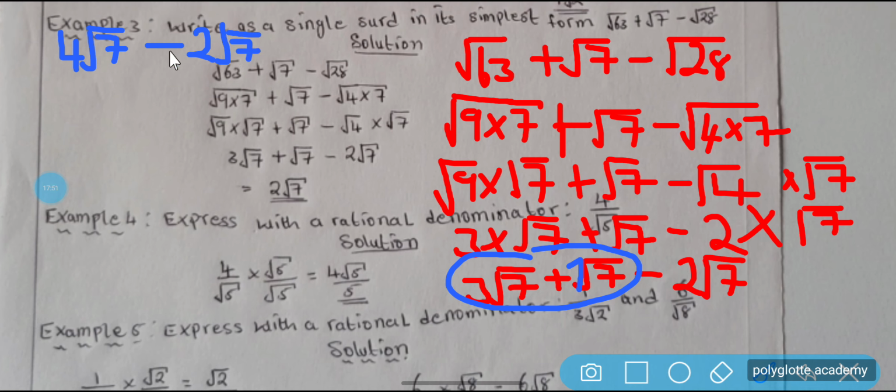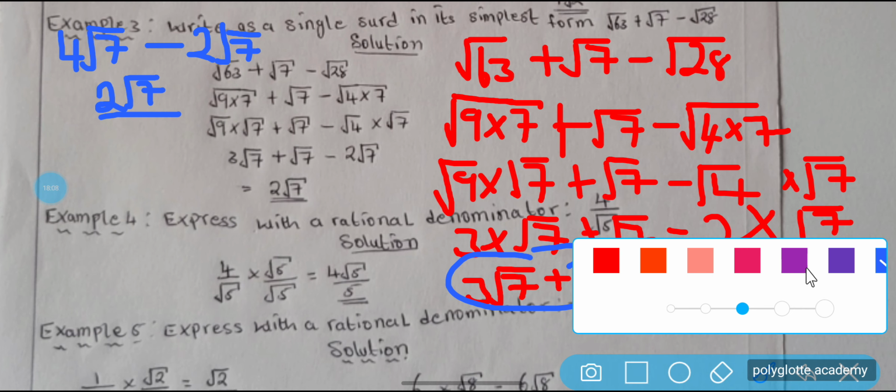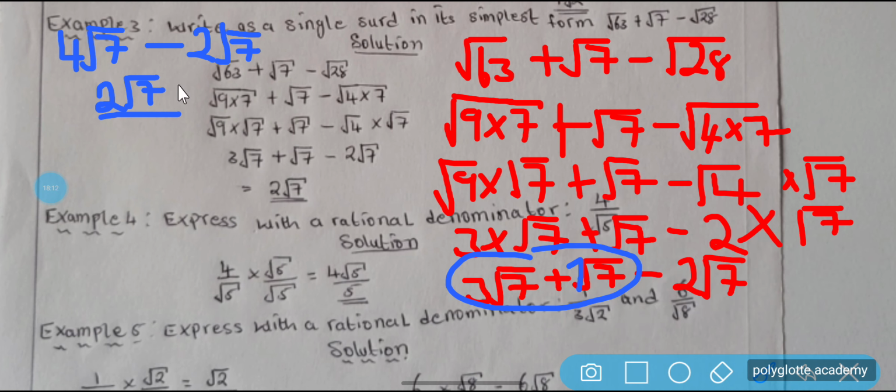So we take 4 minus 2, which is going to give us 2, and then we maintain the root 7. So our final answer here is 2 root 7. So 2 root 7 is the final answer of this problem.